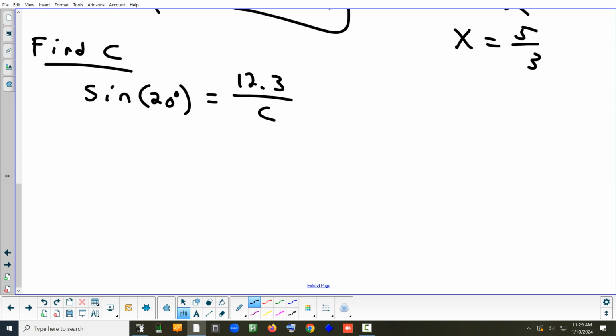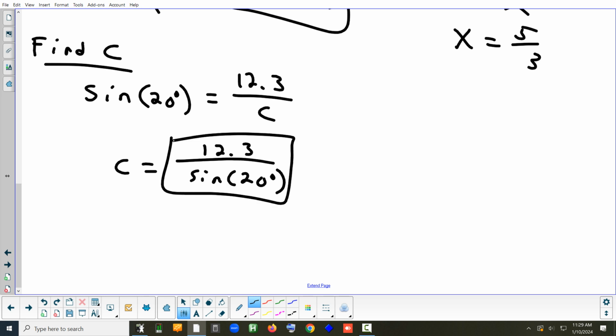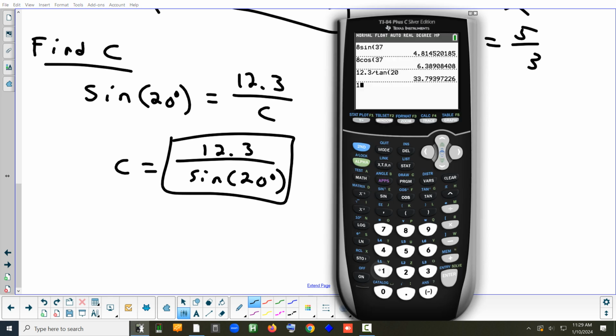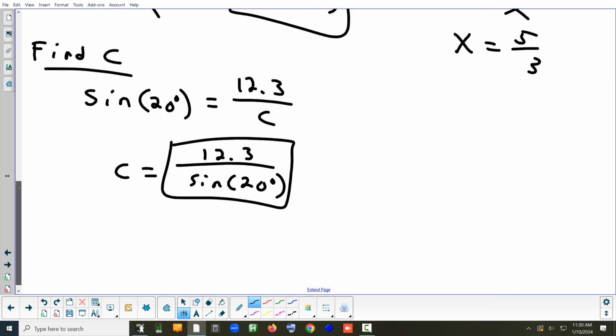Switch the sine 20 and the C. And we get 12.3 over the sine of 20. Let's see what we get. 12.3 divided by sine 20. So we get about 35.963.